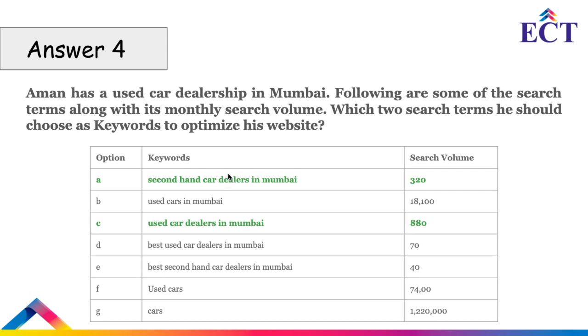Plus, this is very much relevant to Aman's business, so A and C are the best answers. Used cars in Mumbai can also be remotely related, but some people searching for used cars may not buy. They are just doing research, or it will take a lot of time because it is highly competitive. So the answer would be A and C.